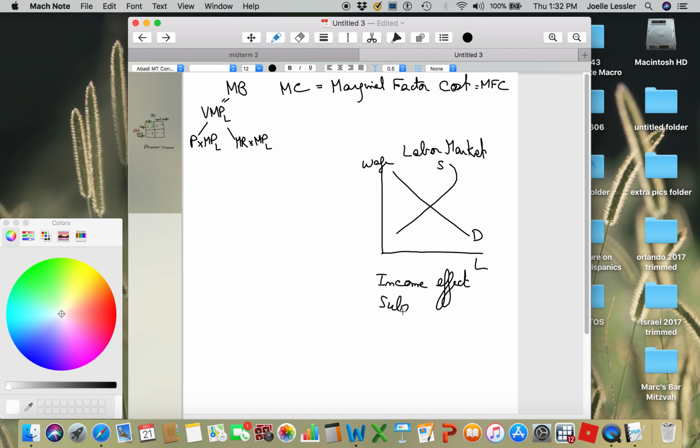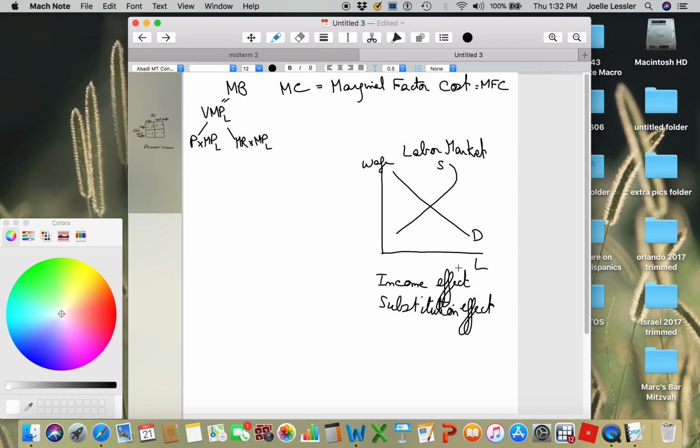The substitution effect says if I pay you more, then not working becomes more expensive, so you end up working more. Typically we think that the substitution effect is stronger than the income effect, which means that if I pay you more, you work more. You work harder, because when I pay you more, the opportunity cost goes up, so not working becomes more expensive, and you always substitute away from the more expensive good. You substitute away from not working because it's too expensive, and you end up working more.